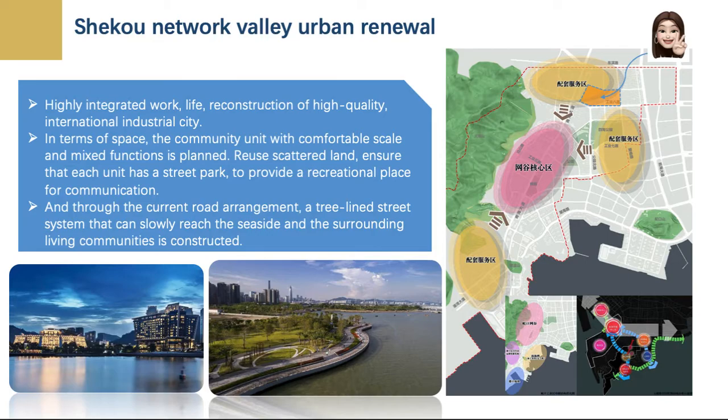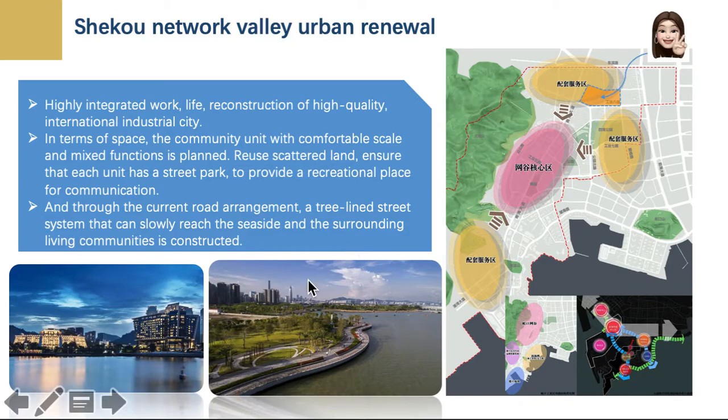Circle Network Valley Urban Renewal: highly integrated work and life, the reconstruction of a high-quality, international infrastructure city. In terms of space, a community unit with comfortable, secure, and mixed functions is planned. We use scattered land to ensure that each unit has a street park.